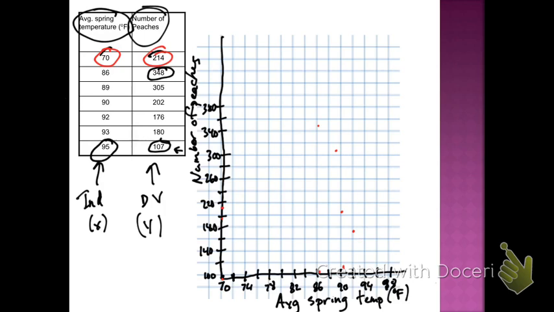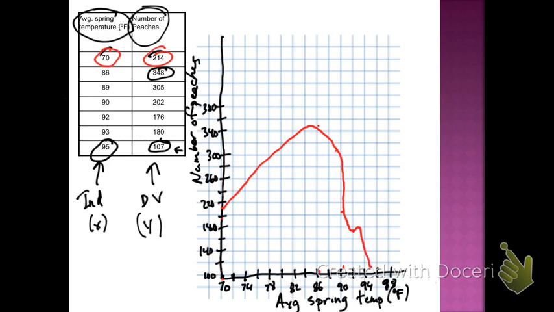Oh, nope, 180 is here. And then 95 and 107 is down here. Oops. And then I'm going to connect it because it's a line graph. All right, so that's my trend.